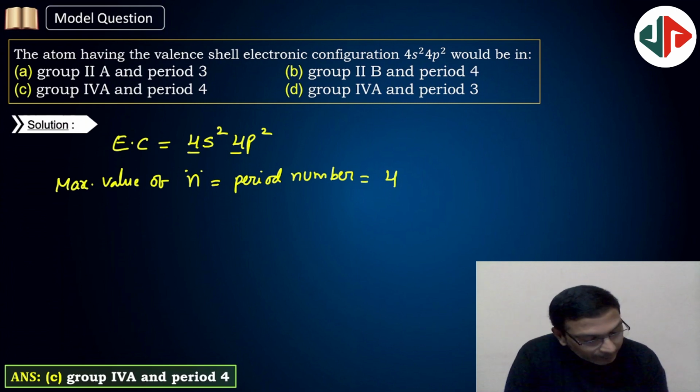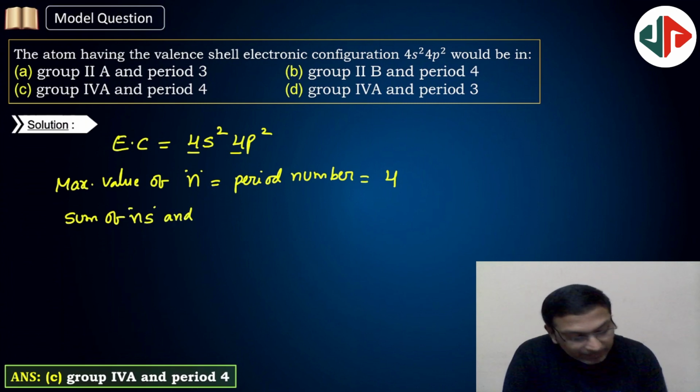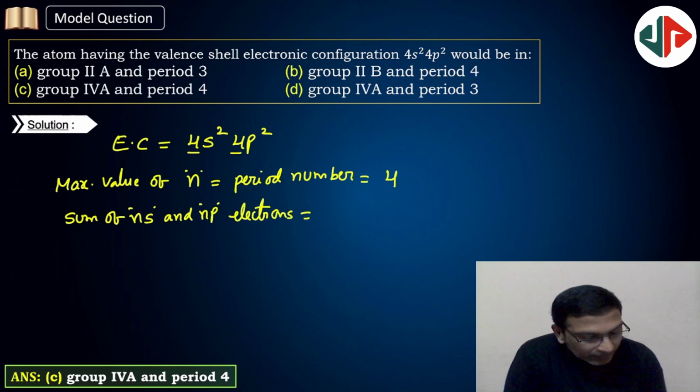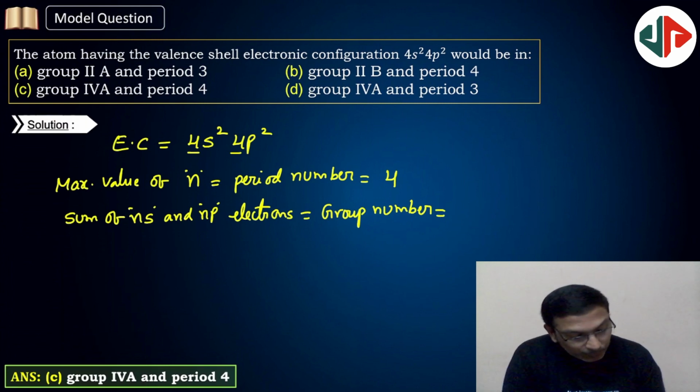Next, the sum of ns and np electrons is equal to the group number, that is equal to 2 plus 2, 4.